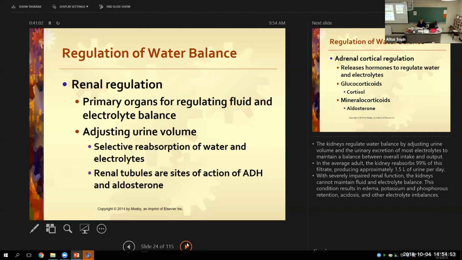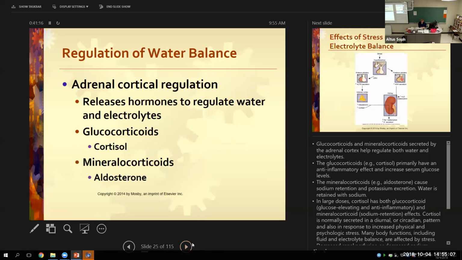And a lot of your hormones influence how that nephron is balancing our sodium and other electrolytes. Okay. So we're not going to go into that detail. We'll go into that detail probably when we get closer to actually talking about the kidneys, but just understand that it's very important. Our adrenal cortical regulation is also important in water balance. You have glucocorticoids released by the adrenal cortex.